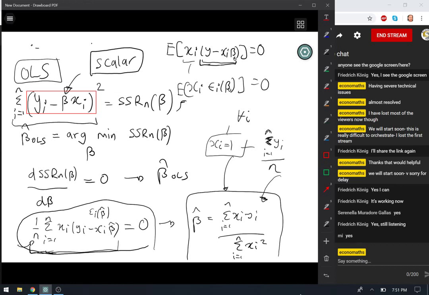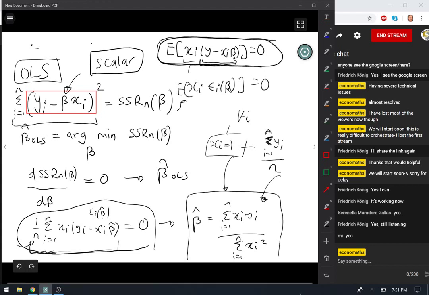Okay, and we talked about this in the first tutorial, this idea of a moment condition. So for example, if the true model's linear, and this assumption holds at the true parameter beta naught, if this error is unrelated to X on average in the population model, well, that will then define beta naught.